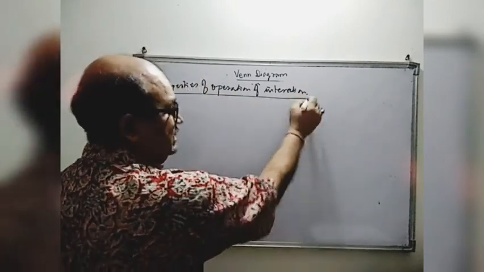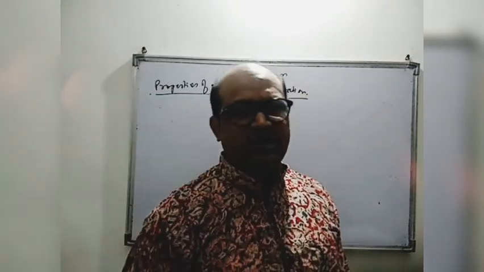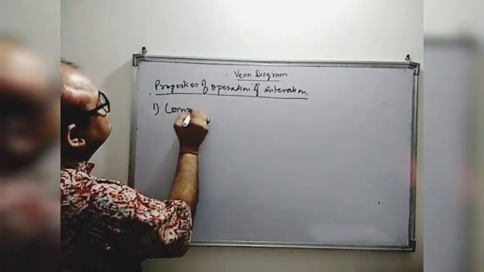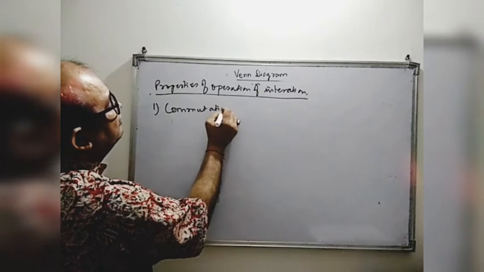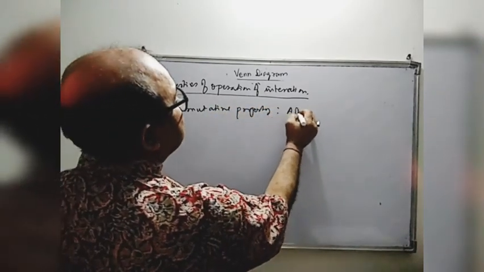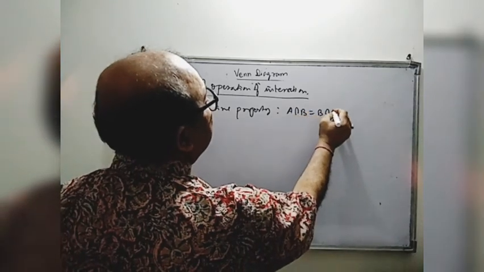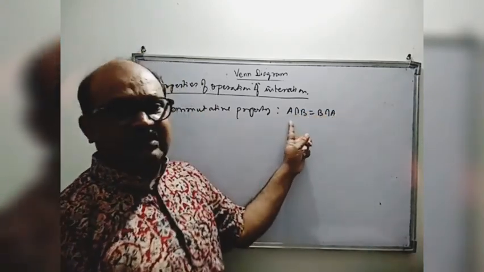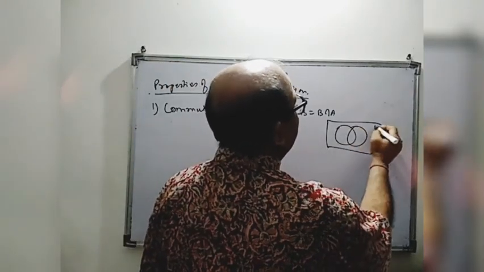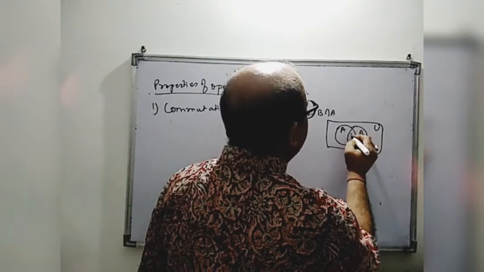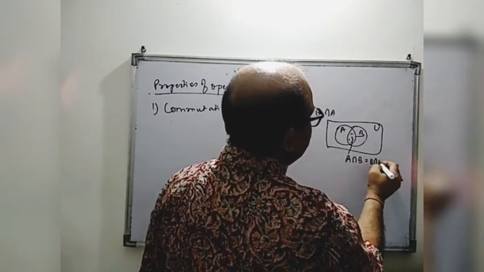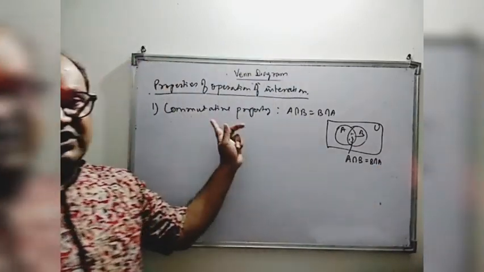Here also it follows the commutative property and also the associative property. Commutative property: how does it follow? A intersection B equals B intersection A. That means the elements are common. See here, this is A and B. This is A intersection B, and this is also B intersection A. So it follows the law of commutativity.